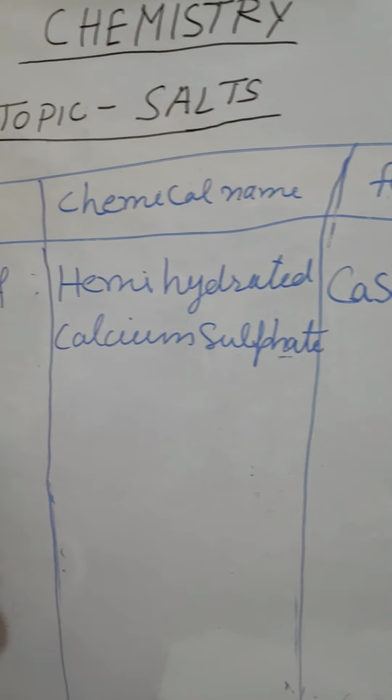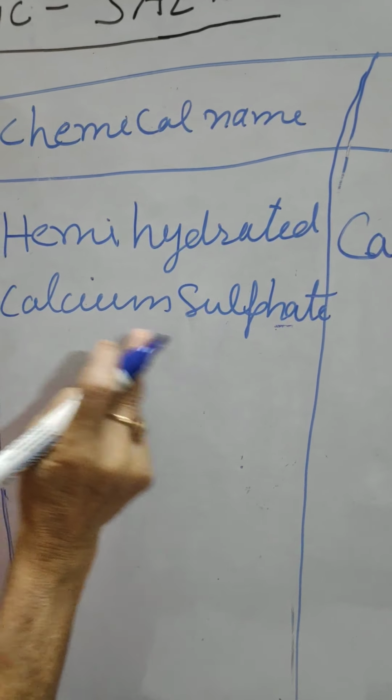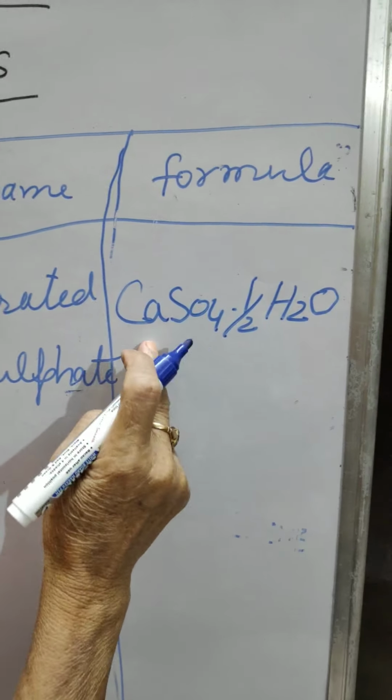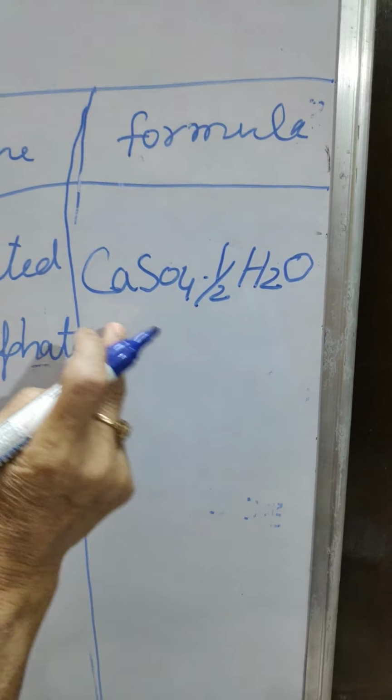Plaster of Paris or POP is hemihydrated calcium sulfate, CaSO4 half H2O, half a molecule of water.